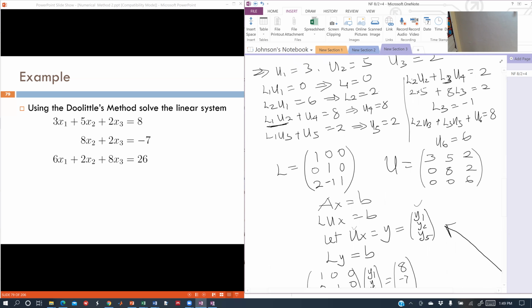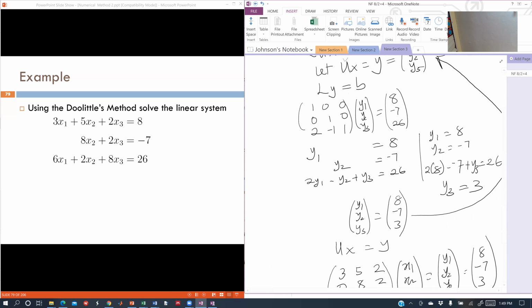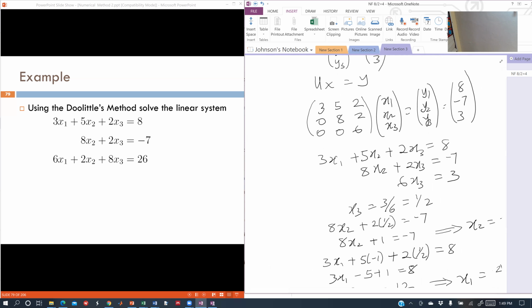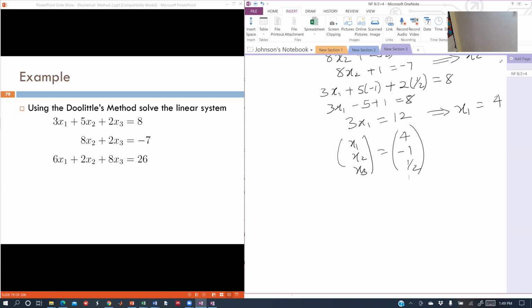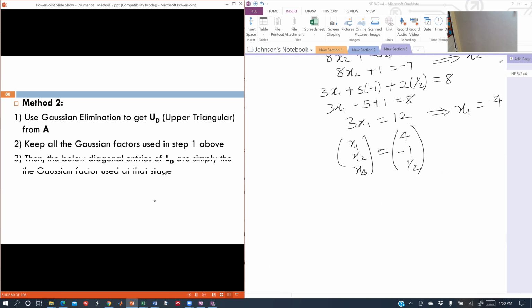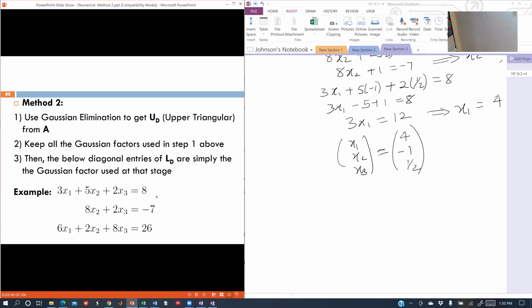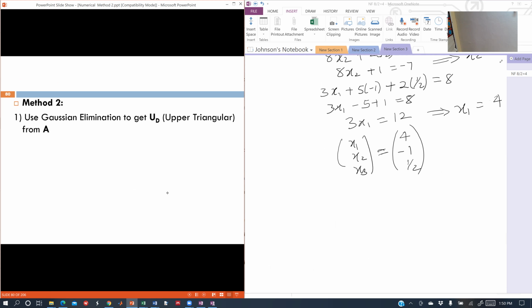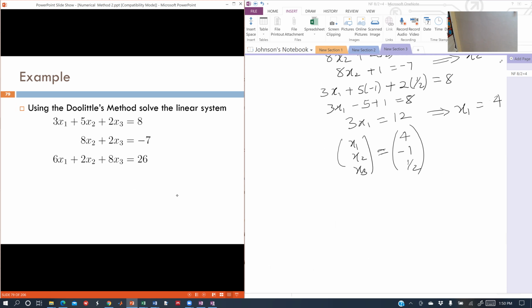With this one, we can now apply the same thing in other systems to solve them. So that is the LU decomposition. These are the steps that I have described.